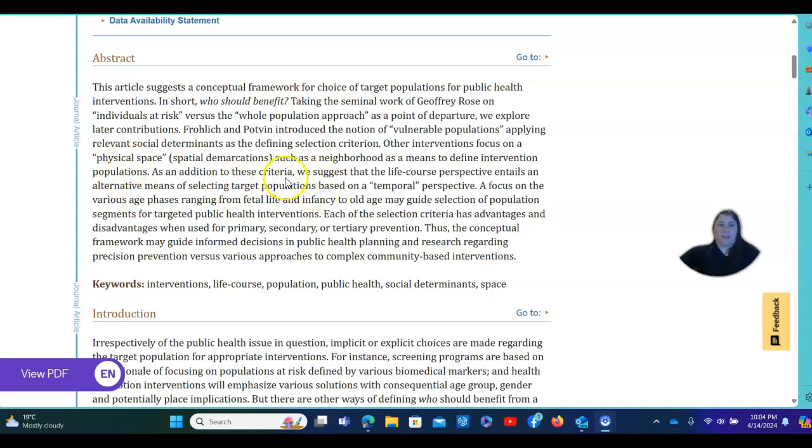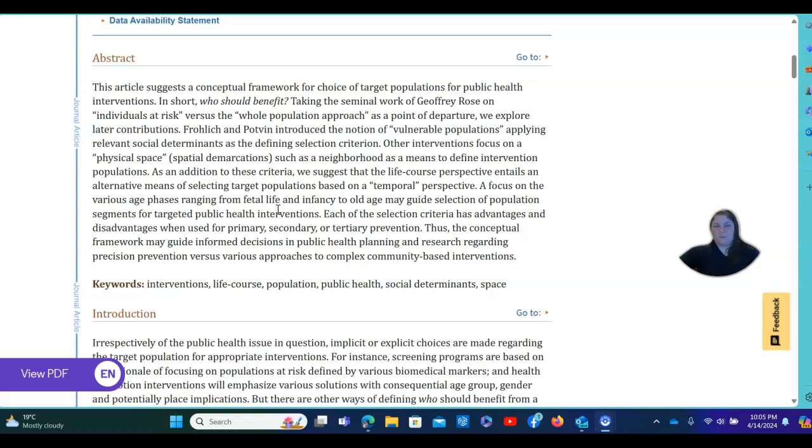You also could look at where is somebody in their life course. So what is their age, or a temporal perspective. So something like that would look at children perhaps. If there are lead issues in an area, you might focus on children because they're most at risk of developing long-term health issues if they are exposed to lead at an early age, where for older people, that isn't as significant of an issue.